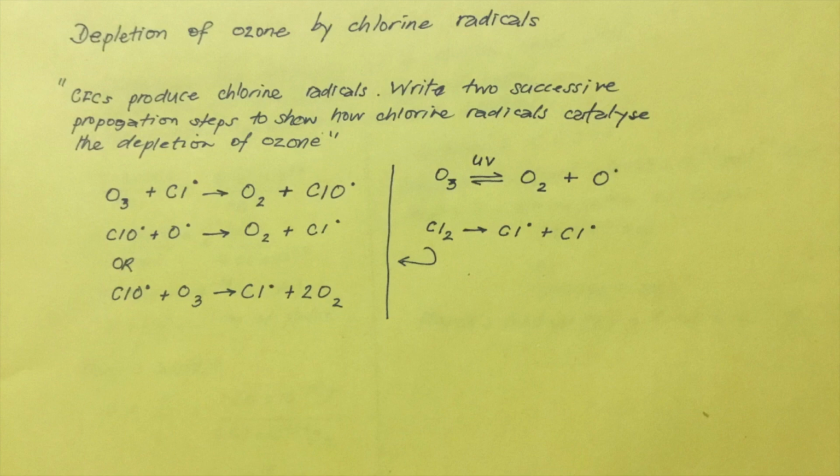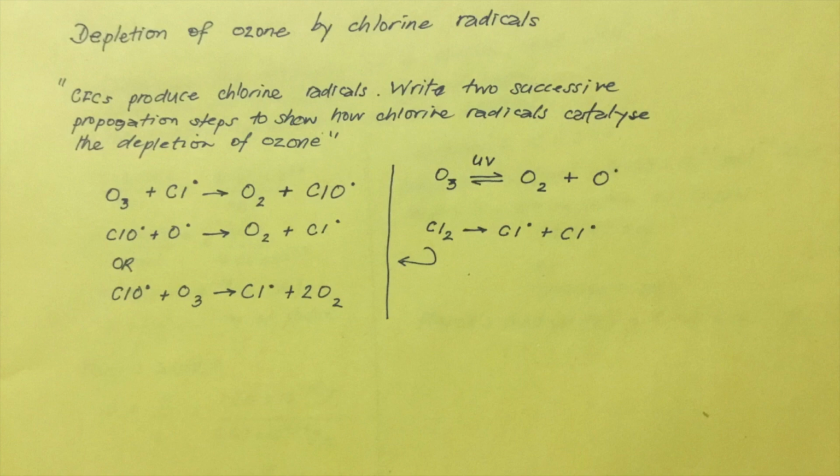cycle of ozone depletion. Cl free radical reacting with O3 to form this species here. And then this species goes on to mop up another one of these important free radicals of oxygen to form O2. And then most significantly, a free radical is regenerated to go back and carry out this process over and over again.